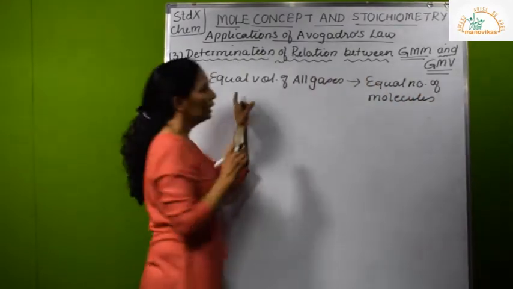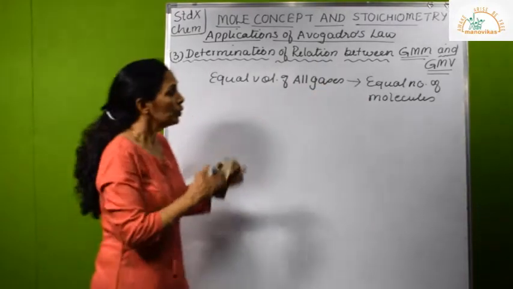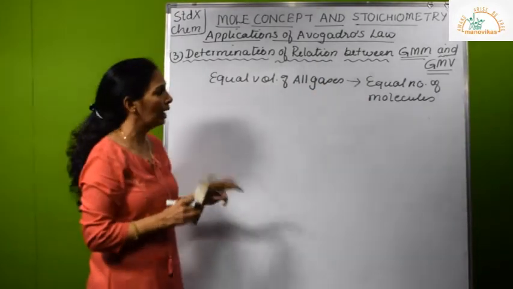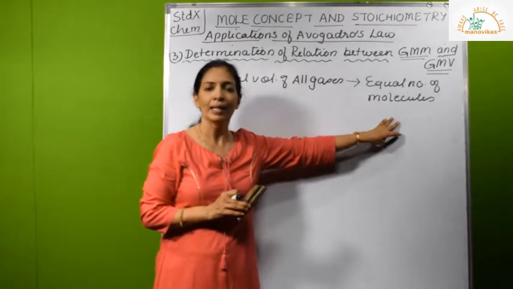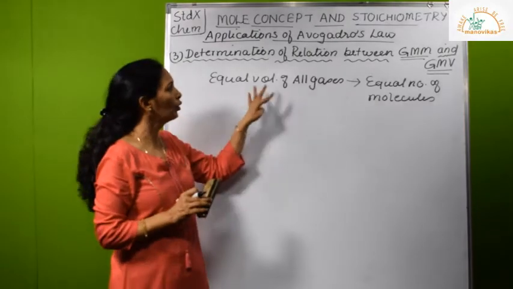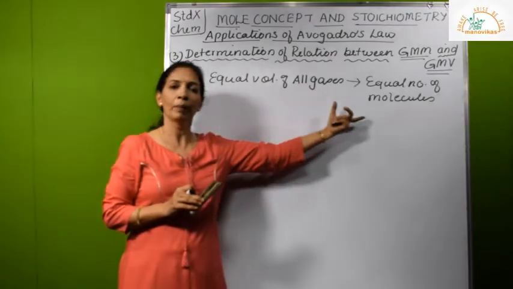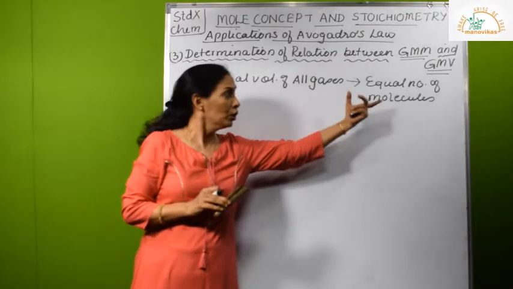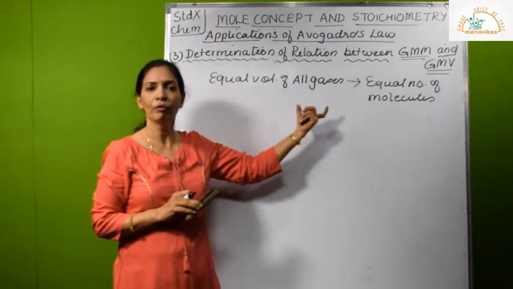So we can write it the other way also, that equal number of molecules of any gas under similar conditions of temperature and pressure will occupy equal volume, because equal volume is occupied by equal number of molecules. This will be for any gas.